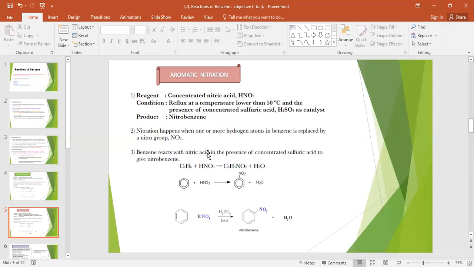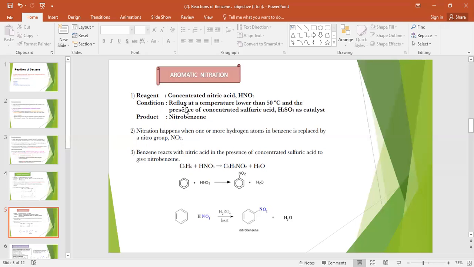Benzene reacts with nitric acid in the presence of concentrated sulfuric acid to give nitrobenzene. What happened here? What is the electrophile here? The electrophile is NO2 plus. Here you can see HNO3 here, HNO3 here. Both reactions are the same, in the presence of sulfuric acid and heating.